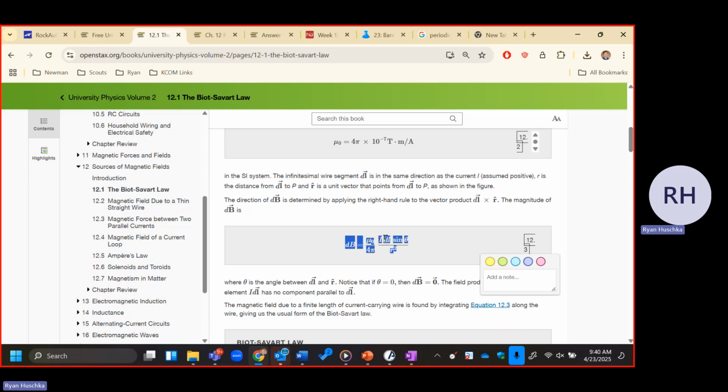Because anytime you do the magnitude of a cross product, it's just the two things multiplied together times sine of theta. The sine of theta is just telling you what part of it is perpendicular. If you have a maximum, then your angle is 90, right? For that change in magnetic field. If you want to decrease the change in magnetic field, make your angle less than 90. Okay. All right.